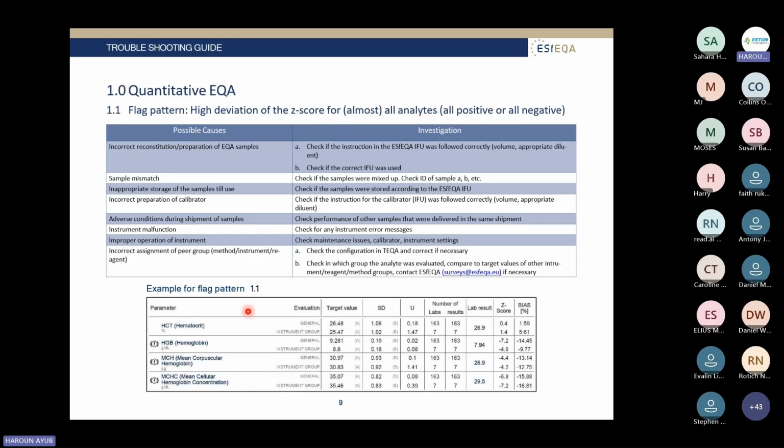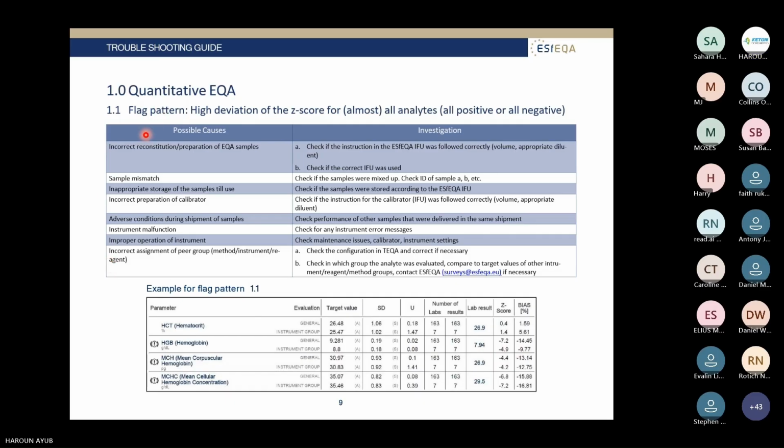So for the flag patterns, high deviations of Z-score for almost all the analytes, if you are getting all positive or all negative, this can be an example of the flag pattern. We have already seen how that can be.